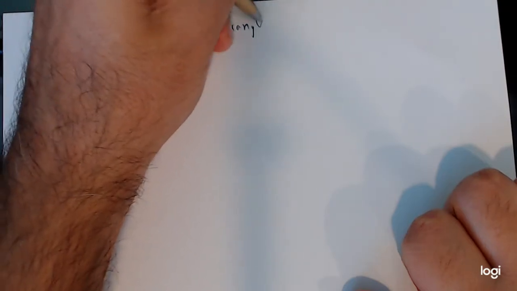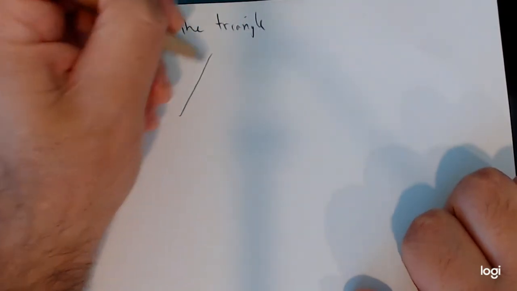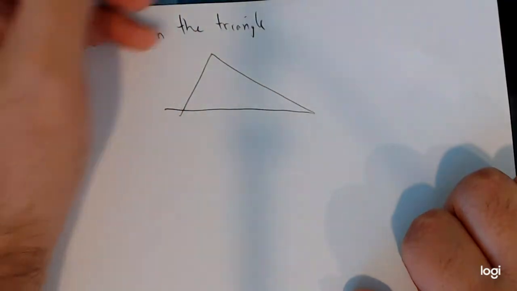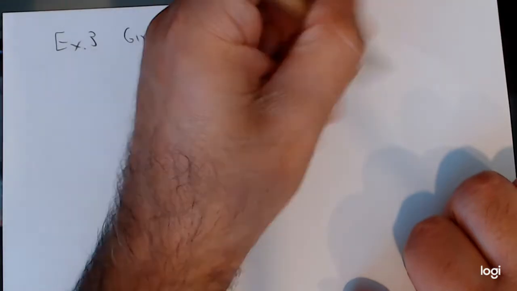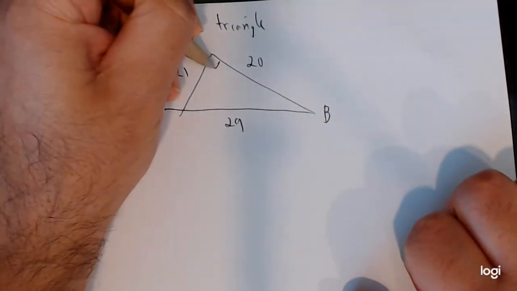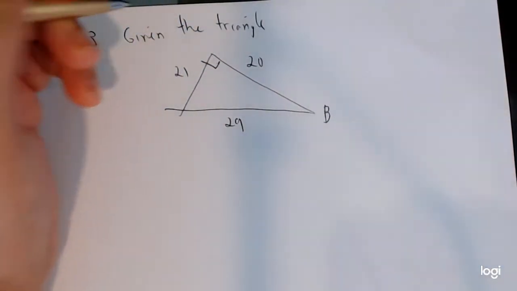So given the triangle, and I'm drawing this out, 20, 21, and 29. This is angle B. That's a right angle. So we have a right triangle, which is good.